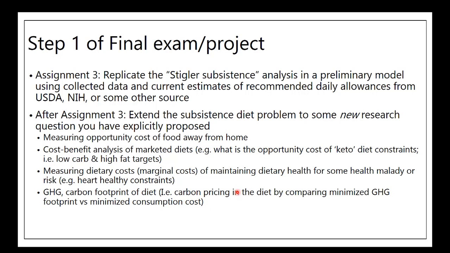So the idea is to open everything back up and think about, one, the example I just gave on cost of food away from home, and what does it mean to get those differences in costs? How would you interpret that?